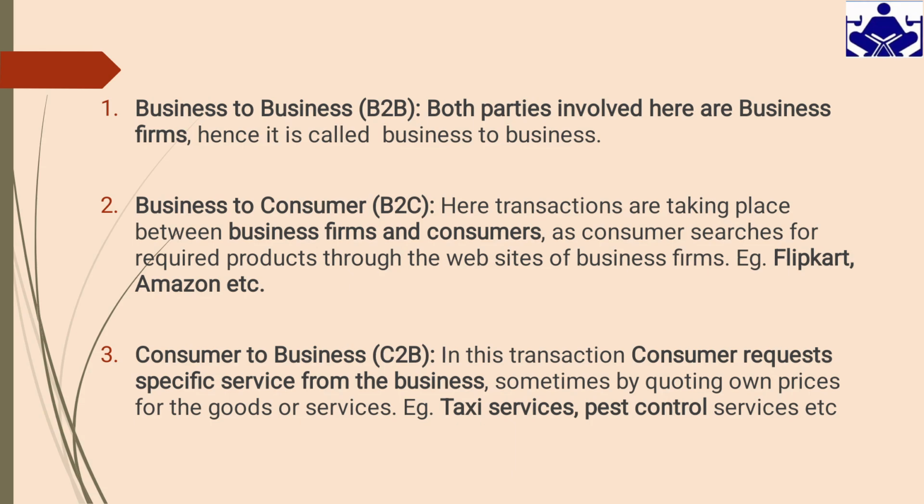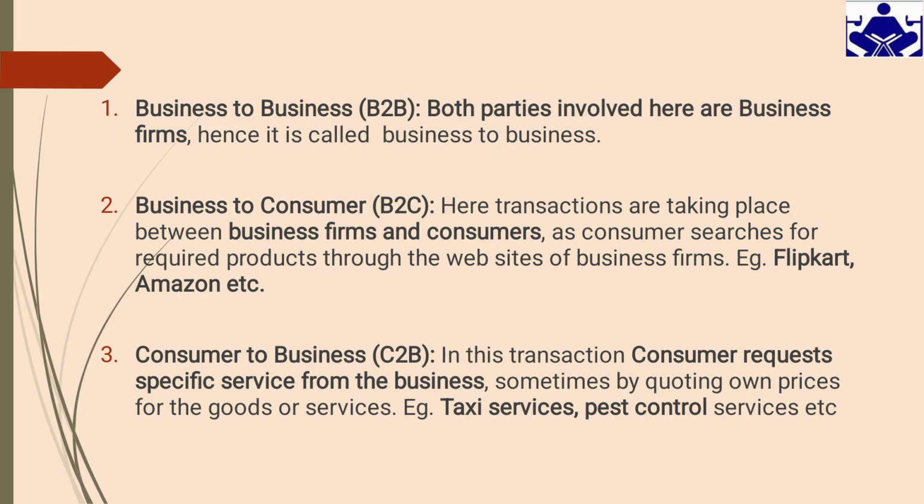Business to business, wherein both the parties involved are business firms, and hence it is called business to business. That means one business company selling their product, knowledge, process, technology, information to another business organization. That is B2B. Second, business to consumer, B2C.